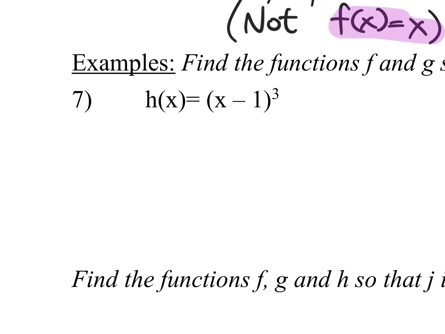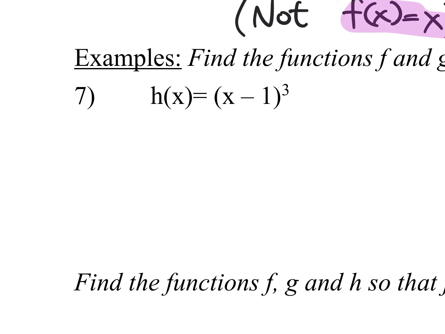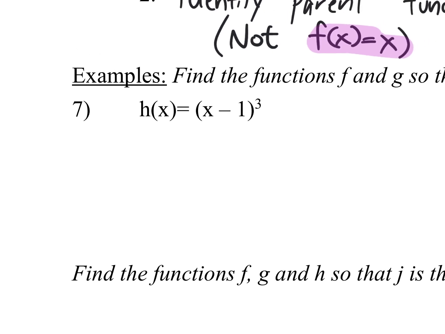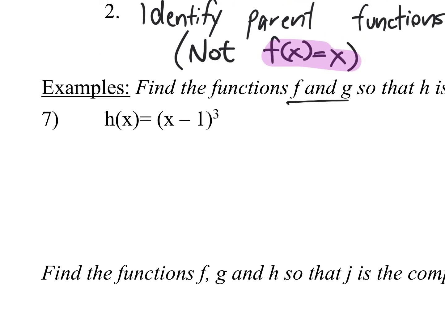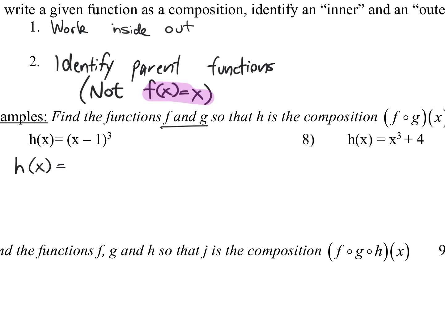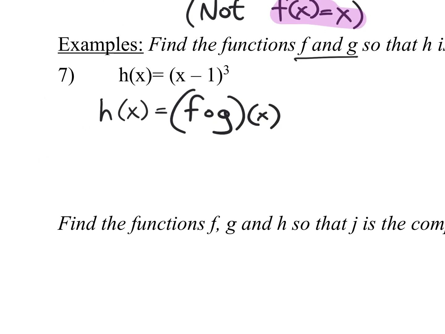So what do I mean? Here we have, I would say, 2 functions. They would even tell us here, we have a result. h of x is f of g of x. So we're looking for f of x and g of x.